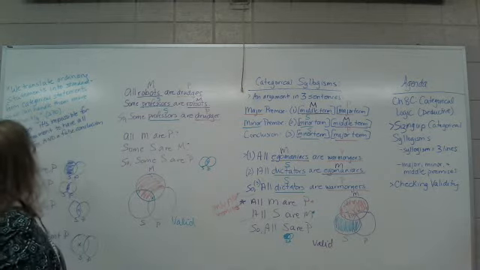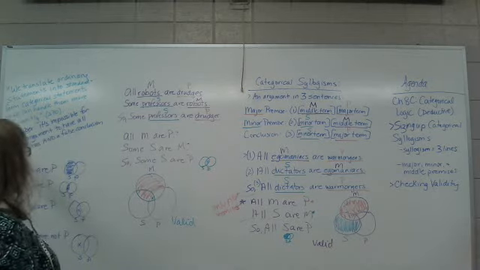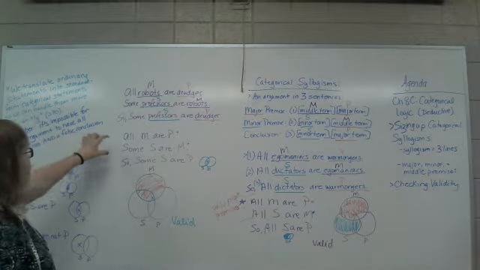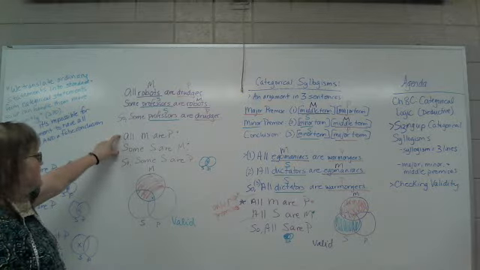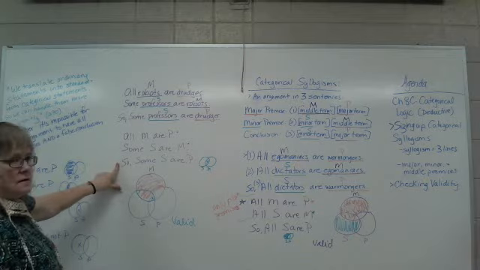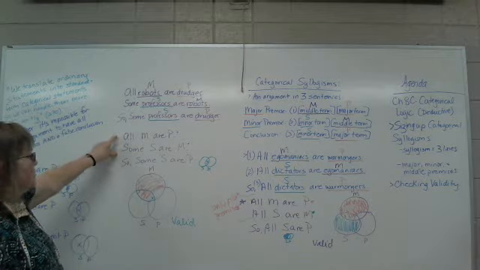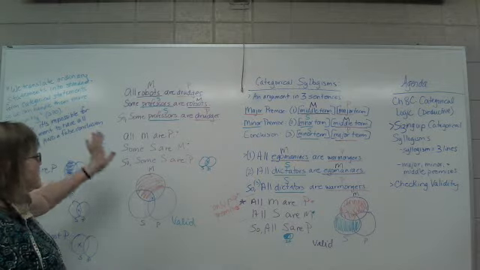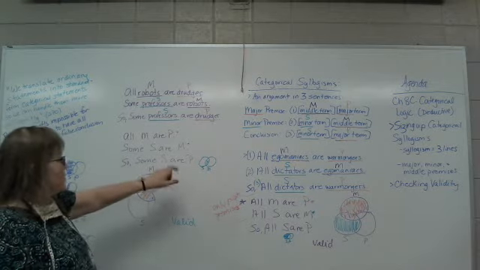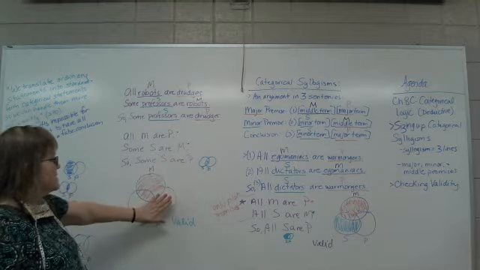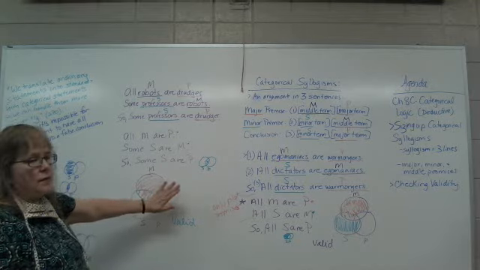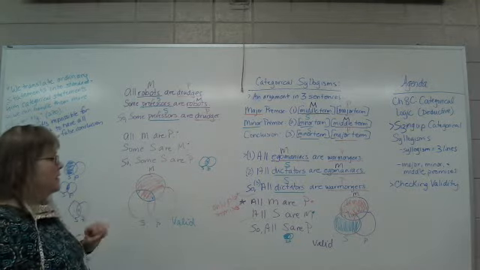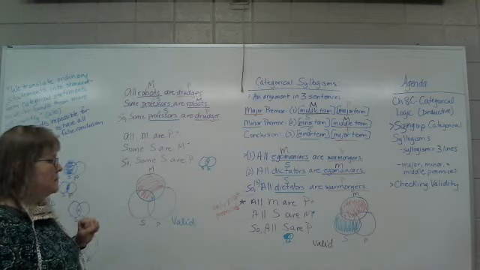Remember that it's impossible for a valid argument to have all true premises and a false conclusion. We are saying these are our givens. These are true. What about this? If we can say the conclusion, some S are P, based on what we plotted with the premises only, then it's a valid argument.